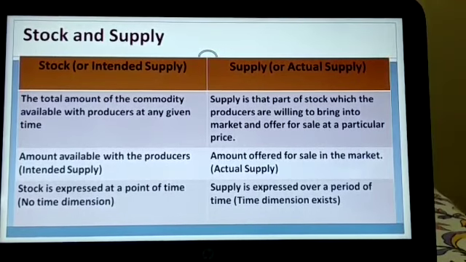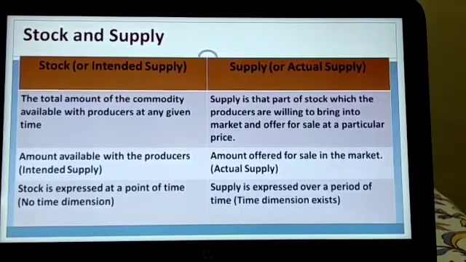In the concept of stock, they have not offered it for sale, but in supply, they are producing that commodity, plus they are ready to sell it in the market, or they are offering it for sale in the market. That is why the supply term is also called actual supply.